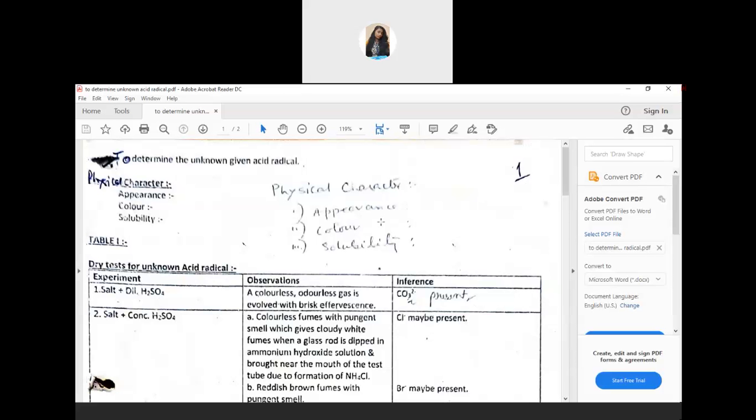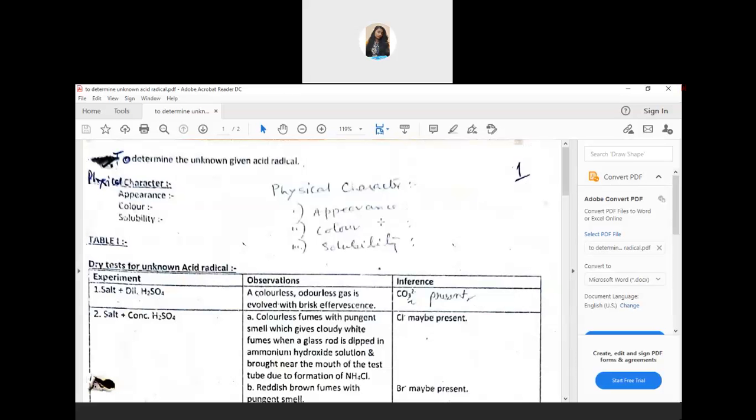Coming to experiment number 5, the aim of the experiment is to determine the unknown acid radical. In the previous experiment, we learned what a salt is and what its main particles are. Salt contains two radicals, the acidic radical and the basic radical.